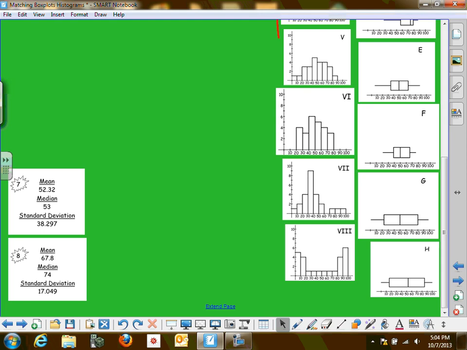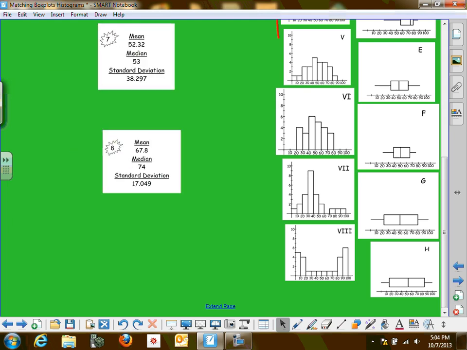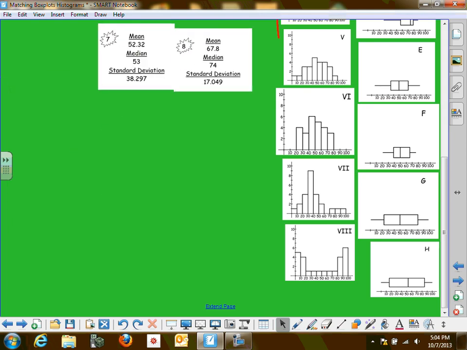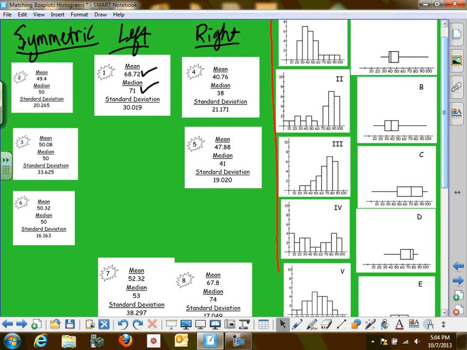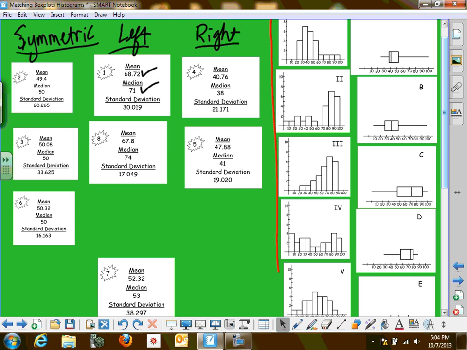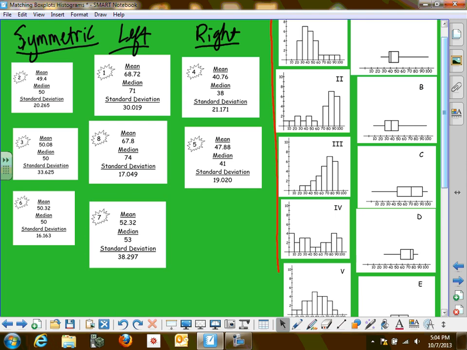Here I have the 52.32, and then the 67 versus 74. This card number 8 has a quite a bit smaller mean than median, so that would be skewed left. And then here's another problem that is not incredibly different, just seven tenths of a difference between the mean and the median.